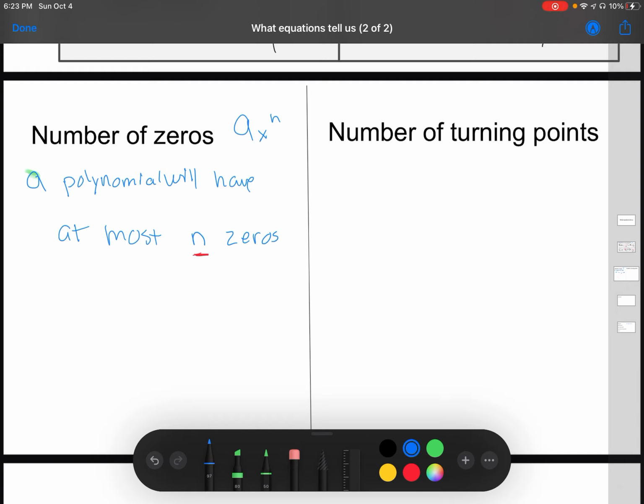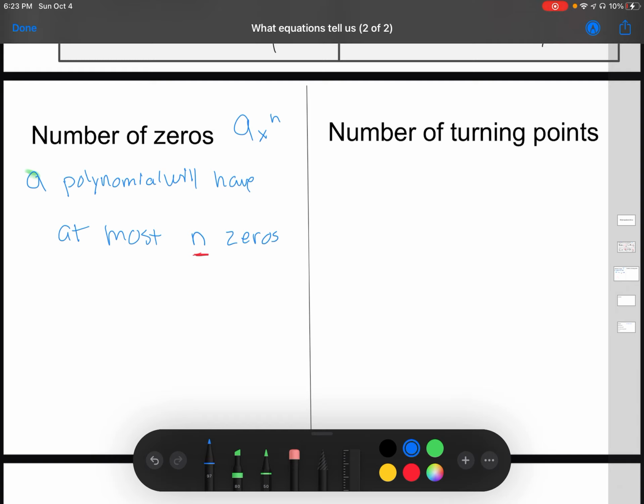We can also learn the number of turning points. By turning points, we mean this. So this would have it turned here, here, and here. This little graph I drew would have 3 turning points. That's what a turning point is.